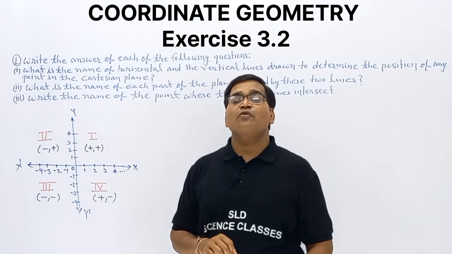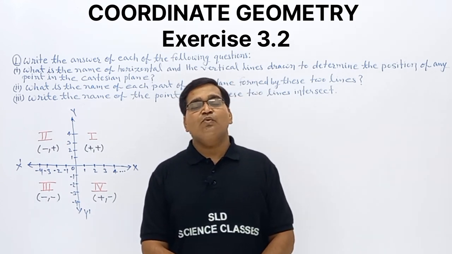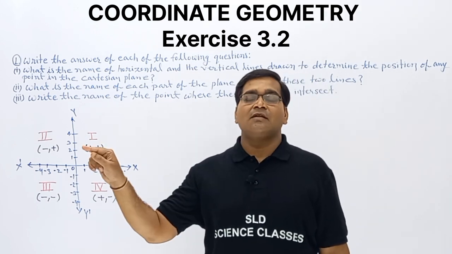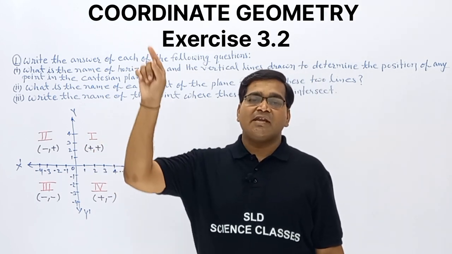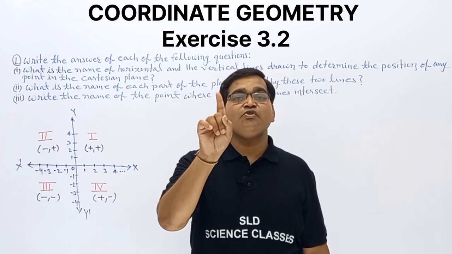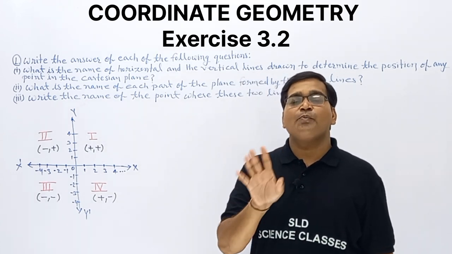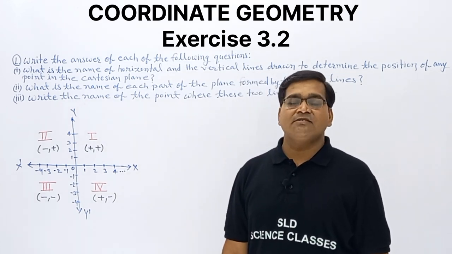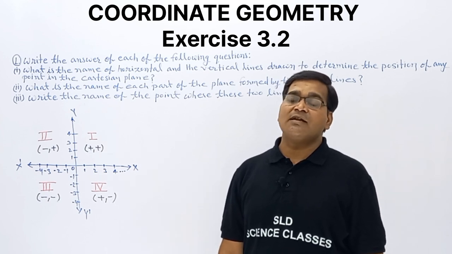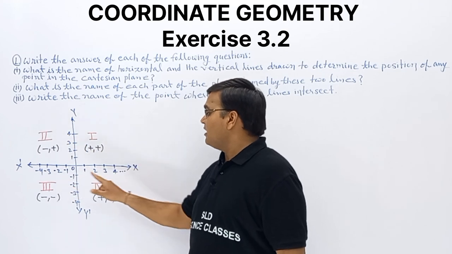They are called quadrants. In an XY plane, once the horizontal and vertical number lines intersect perpendicularly at origin 0, we get 4 parts, and these 4 parts are called quadrants, numbered first, second, third, and fourth.